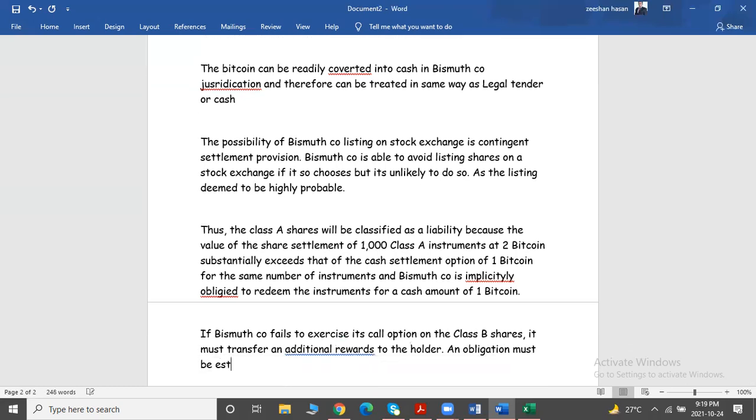obligation must be established through the terms and conditions of the financial instrument.